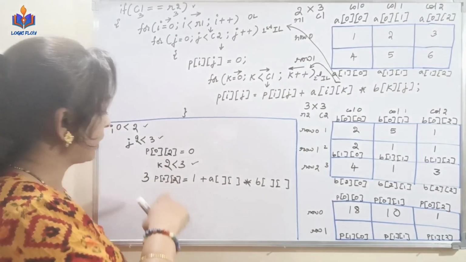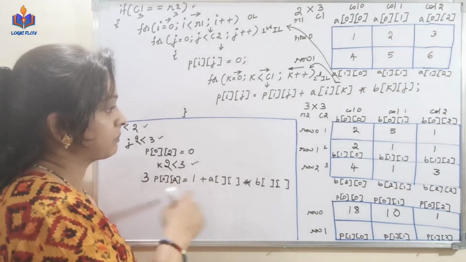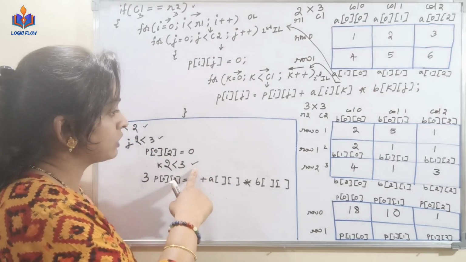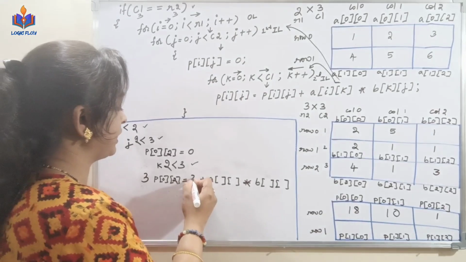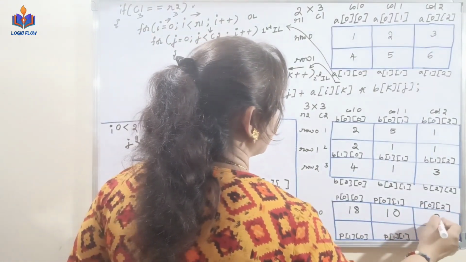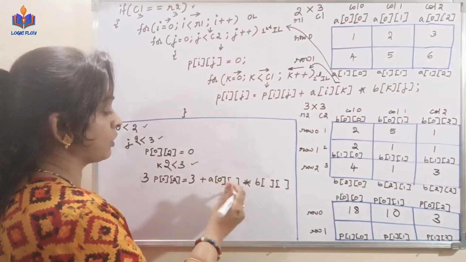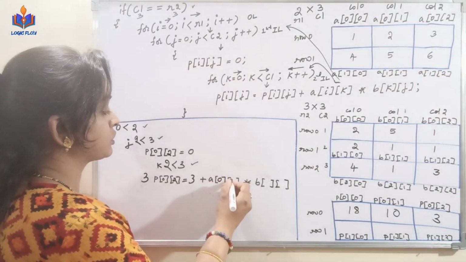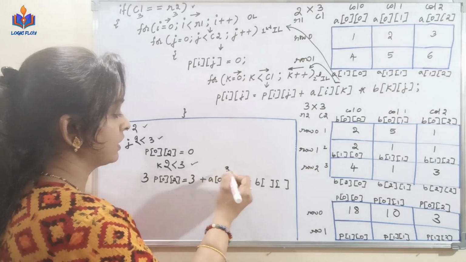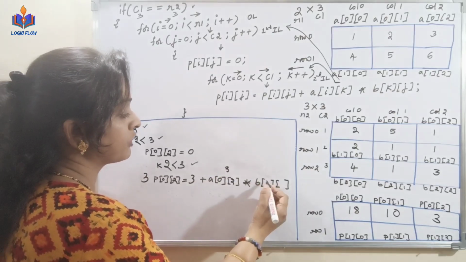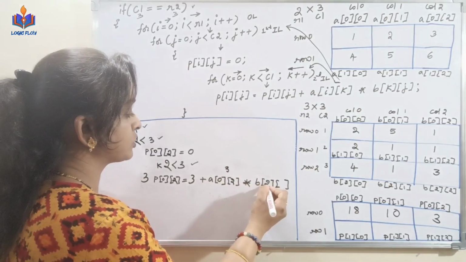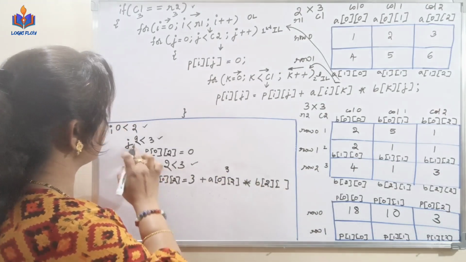So it is Ij, the same thing, 0, 2 equal to 3 plus A of I is 0, K is 2, 3 into B of K is 2 and J is 2.